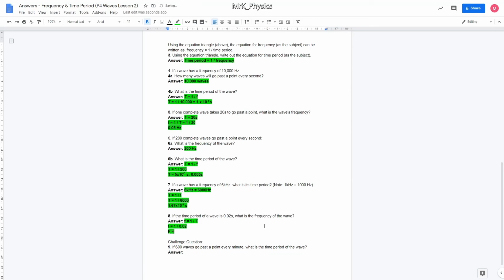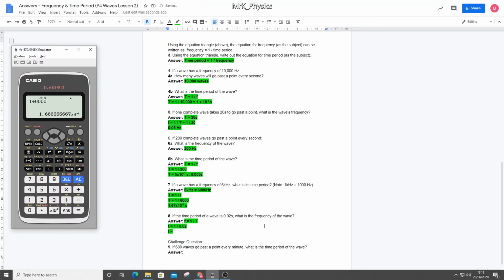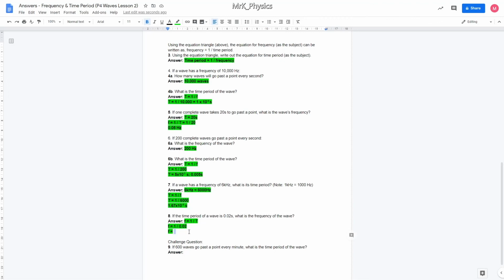And that gives us, if we do that calculation, 1 divided by 0.02, we've got an answer of 50. So our answer there is 50. Think about the units, because it's frequency, it's going to be hertz, we should put there as Hz.